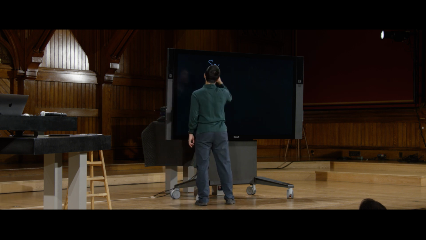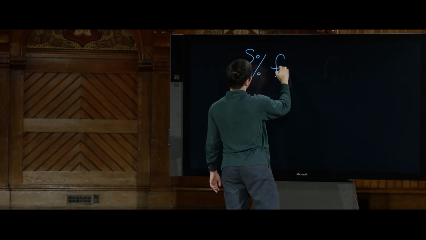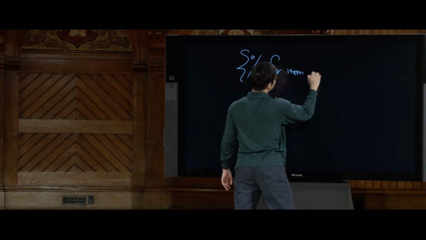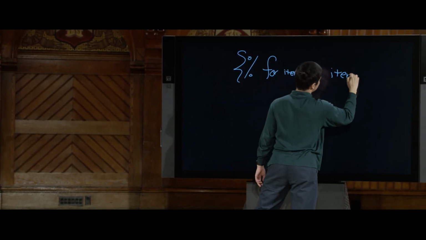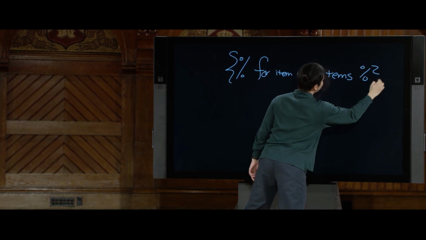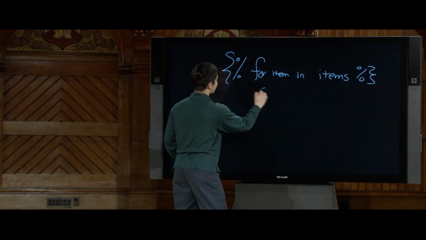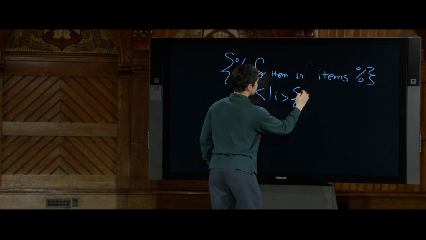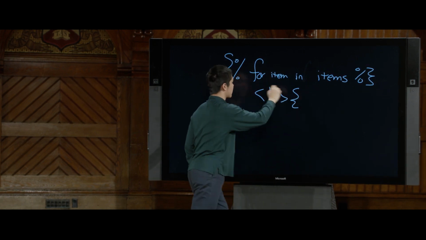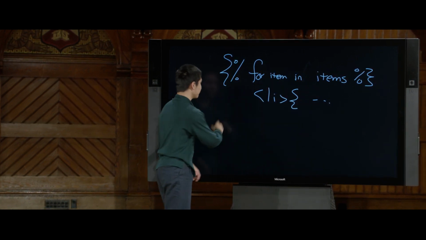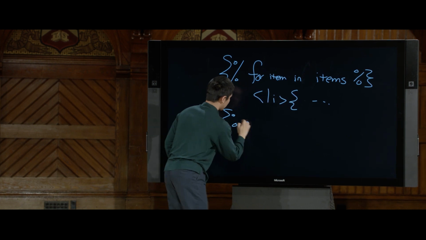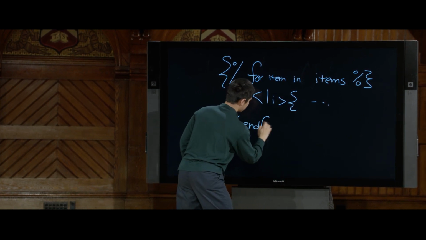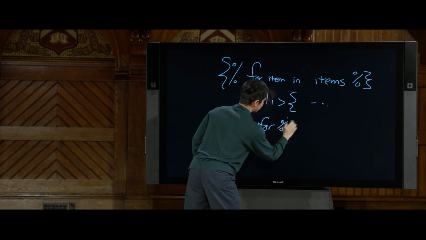curly brace %, for item in items. And you could actually run some loop that was generating some list item that contained some data inside of your for loop.